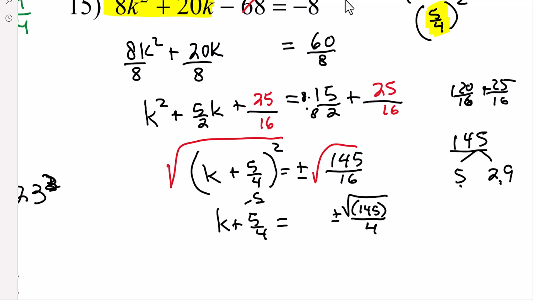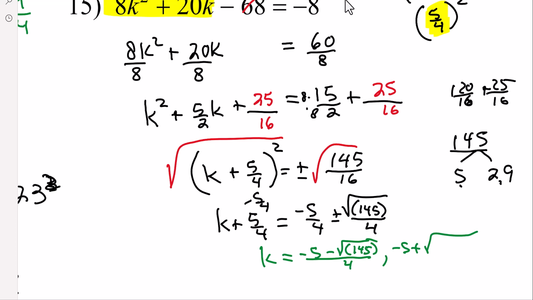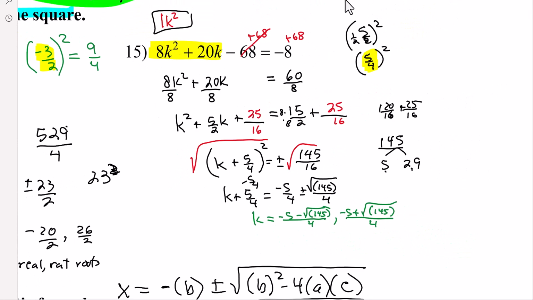So we're going to subtract 5/4. So we have our two k values. k is negative 5 minus root 145 all over 4, and negative 5 plus root 145 all over 4. All right, that's completing the square.